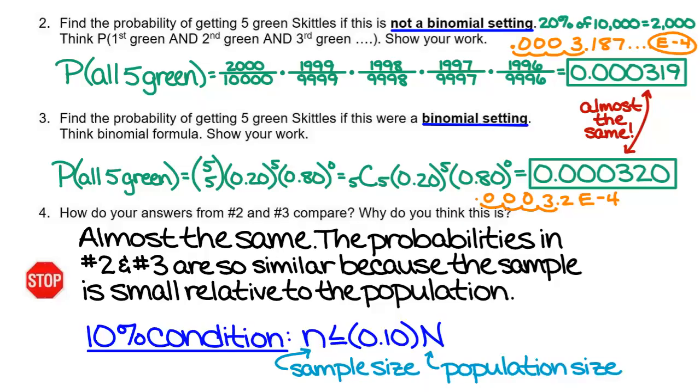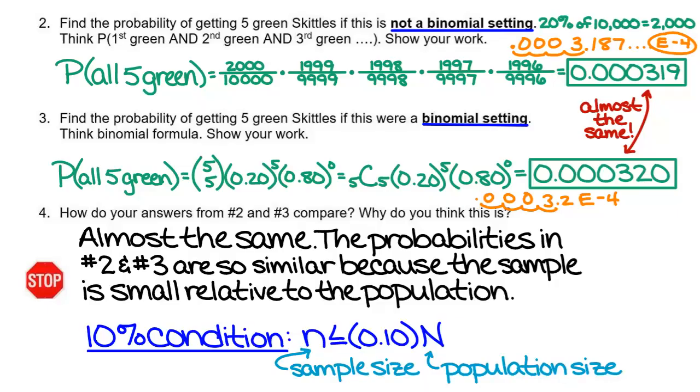So we can treat it as if it's independent, even though technically it's not, because the difference in proportions is so tiny that we can ignore it. So far, so good? All right.